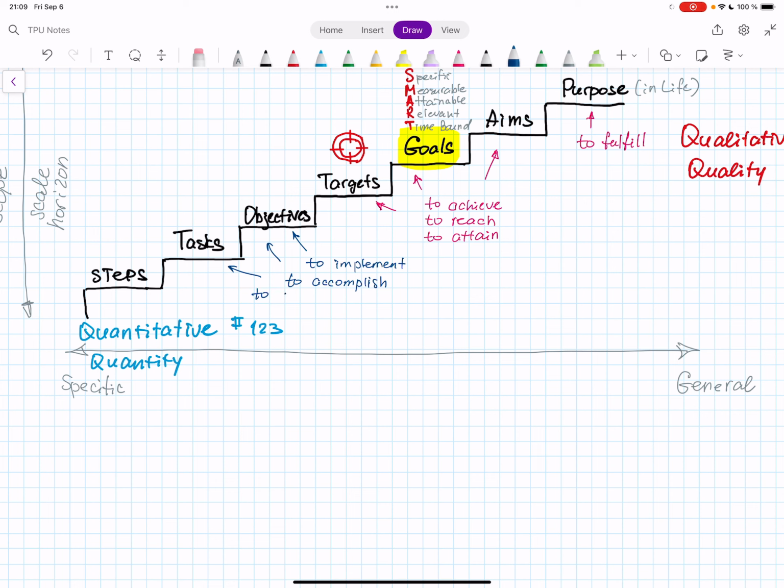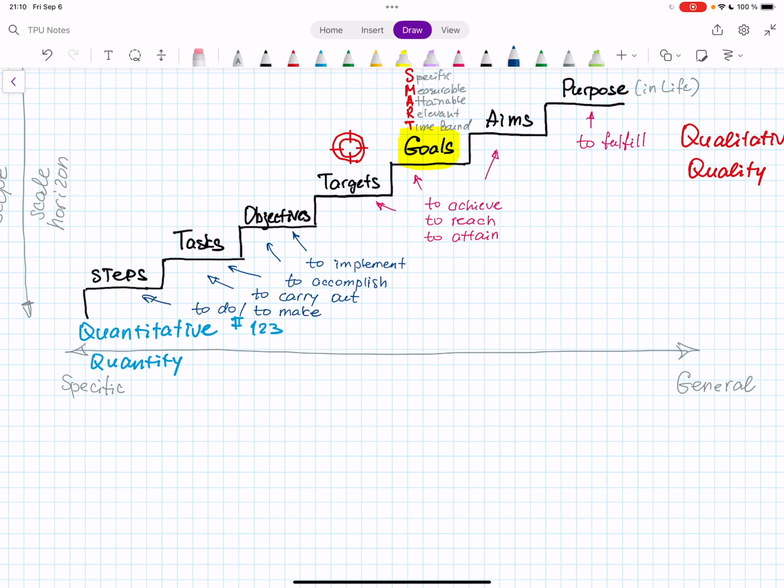Next one, to carry out, also can be used. Or finally, to do some steps or to make.